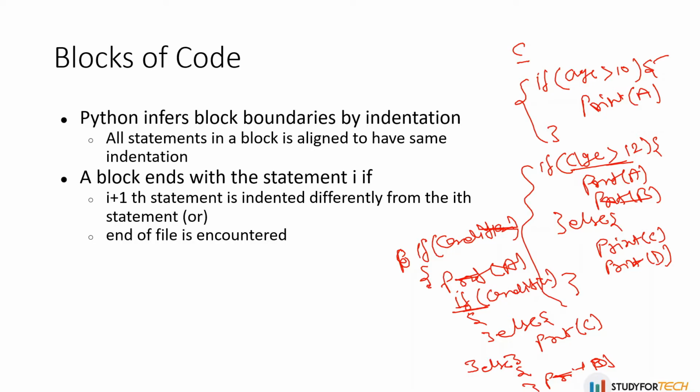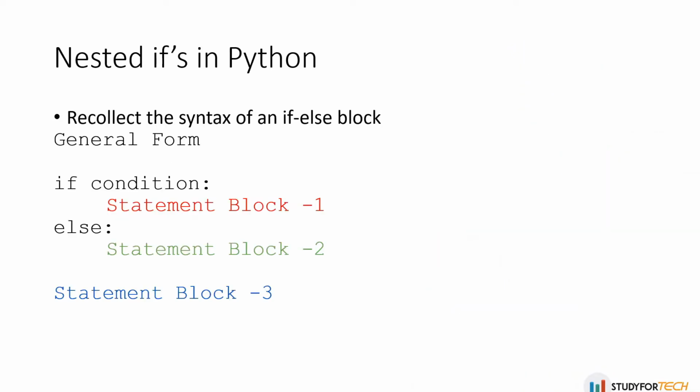And in my previous video I have already explained what is indentation that is required in this particular concept, so please go and watch that video first. So the nested if in Python, you can see here this is the general form. Just a recap of the previous video: if condition, we can write a statement block, and then we have an else, a statement block too.